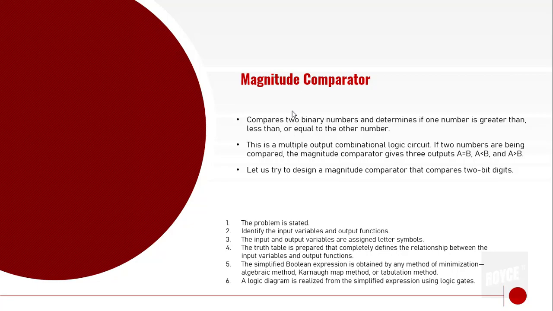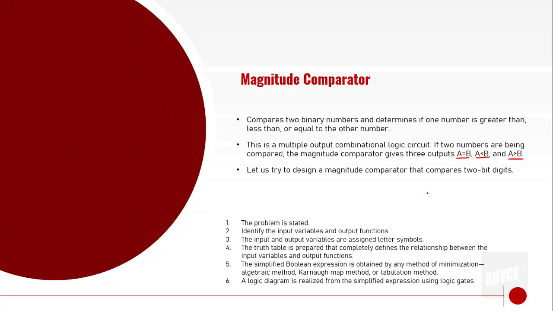So yun lang yung gagawin nito. I-input natin yung numbers, tapos titingnan ni comparator: yung first number ba is equal to second number? Yung first number ba is greater than the second number? Or yung first number ba is less than compared to the second number? So there are three outputs. That's why we call this a multiple output combinational logic circuit. Nasabi na natin, either it's equal, less than, or greater than.